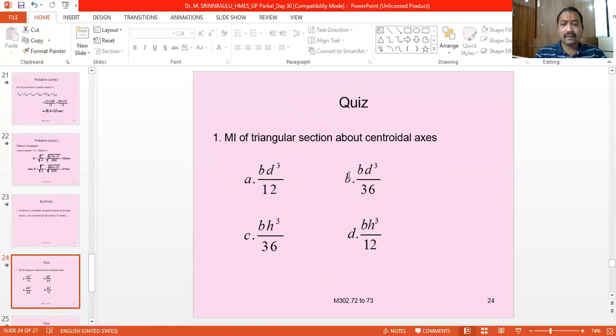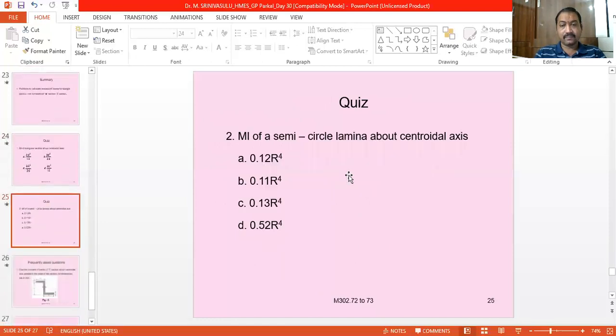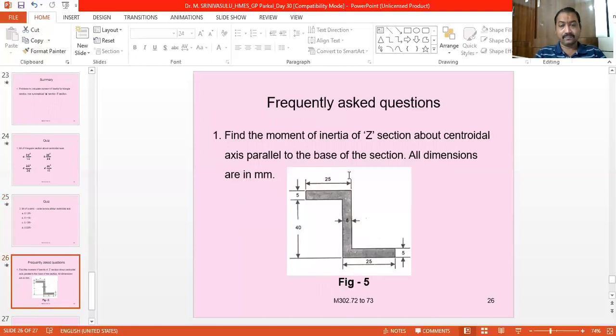Option B is the correct answer. Now, the moment of inertia of a semicircle lamina about the central axis is equal to 0.11 R4. So option B is the correct answer.